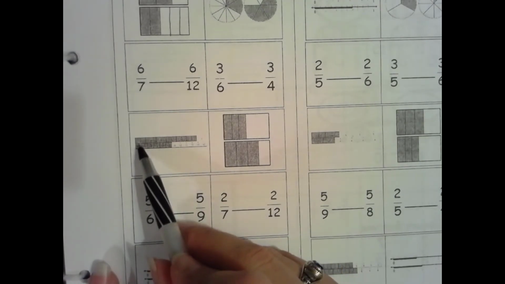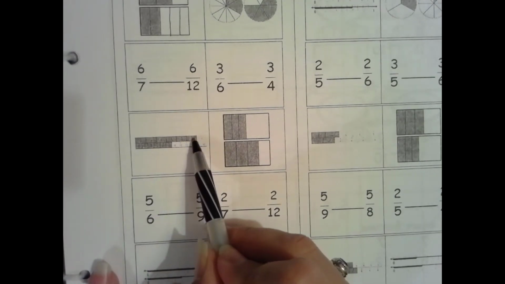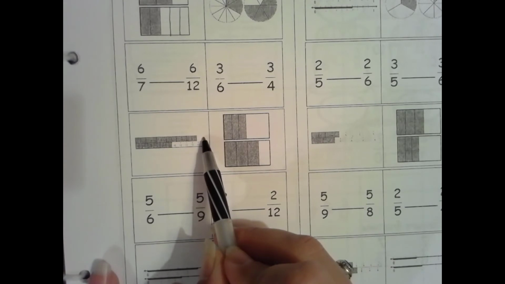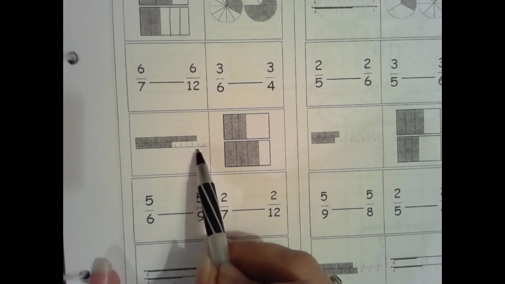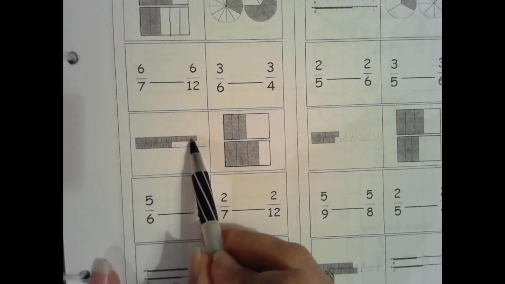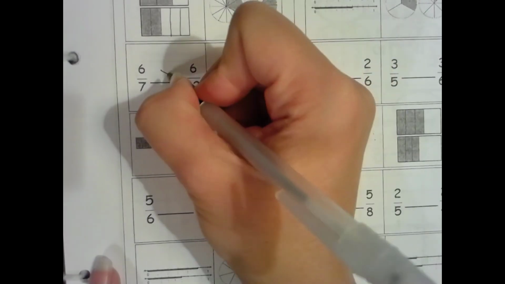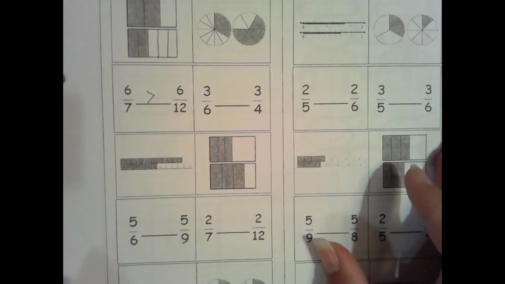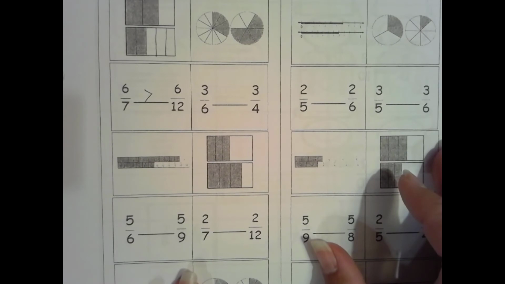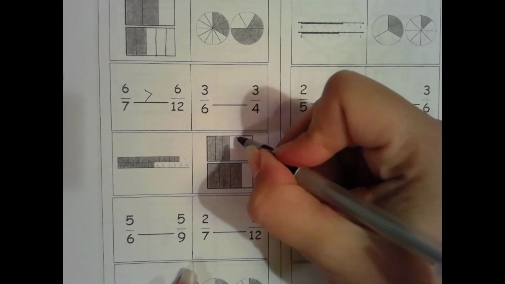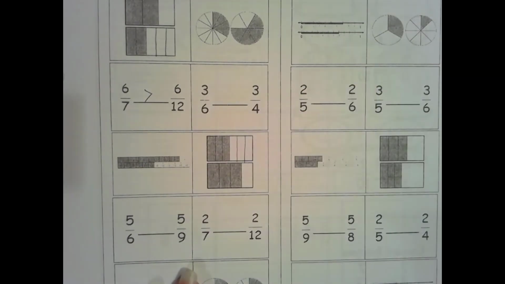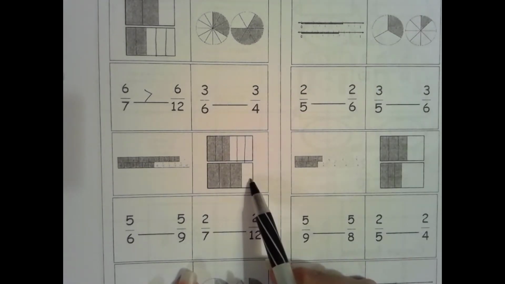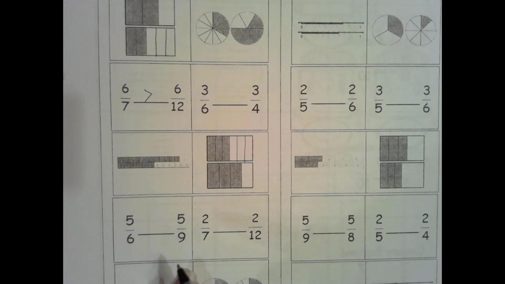Here we have 6/7 almost filled in, almost 1 whole, and 6/12, which is exactly half of this one. So this 6/7, because these pieces are much larger, is greater than 6/12. 3/6 is half of that rectangle, and 3/4 is almost filled in.